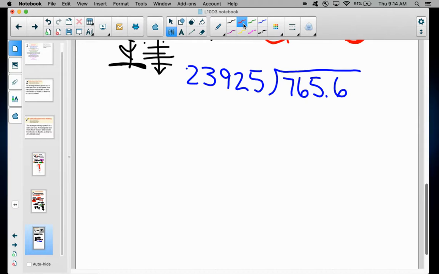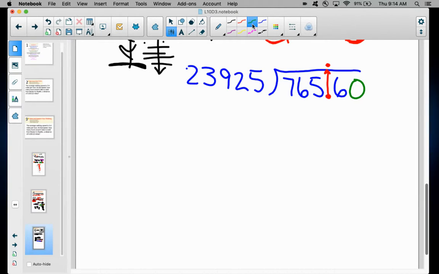Remember, first things first, as soon as you have that decimal point, drag it right up to the quotient. And now this looks daunting because it's so big, but it's still the same process. We need a number greater than 23,000. We don't have that, so we have to annex some zeros.